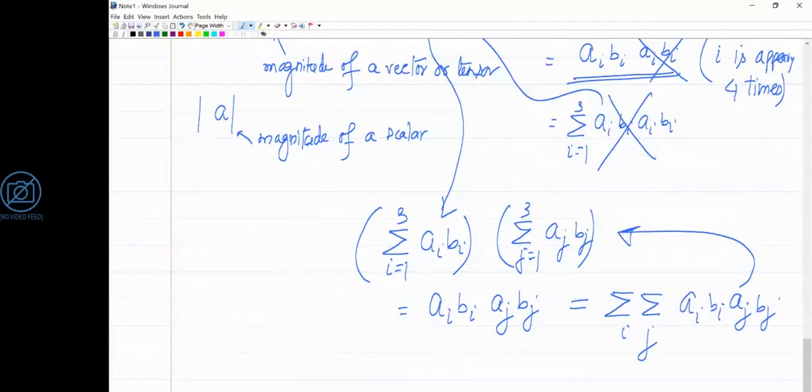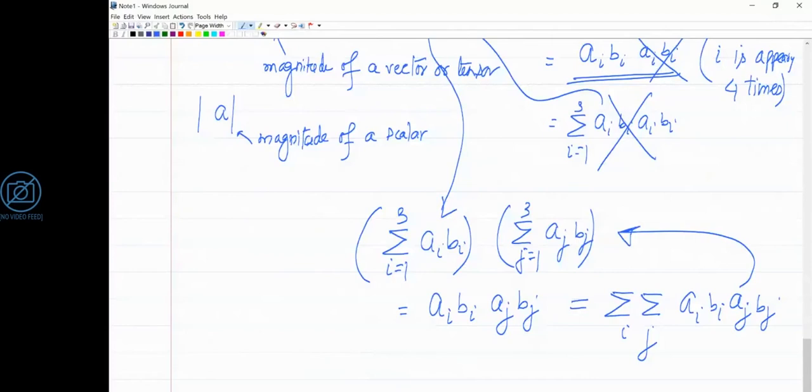So you can see why we made this rule that no index should appear more than twice. We demonstrated it through the example where I was appearing 4 times. You can likewise think of an example where an index is appearing thrice, and you will see that this will not make sense. All right.